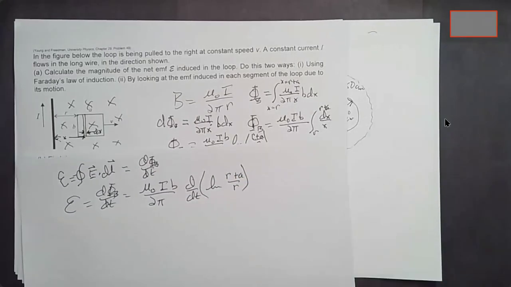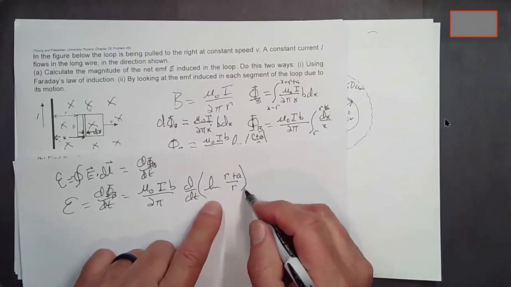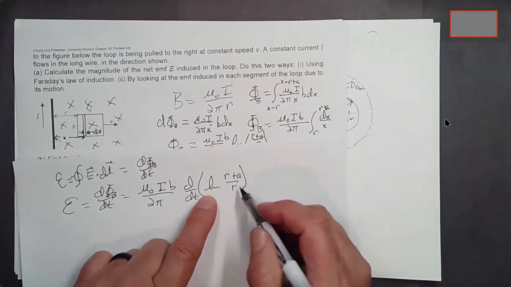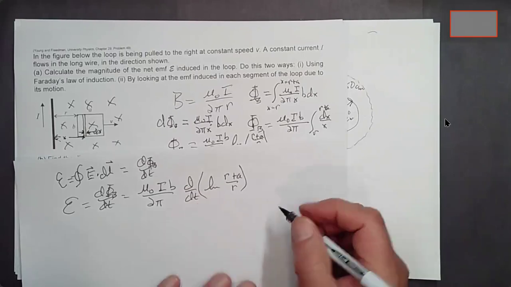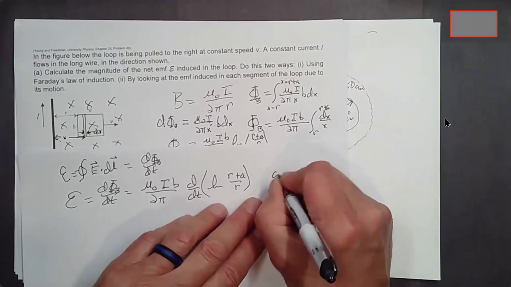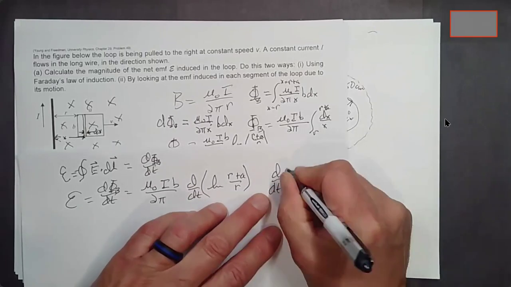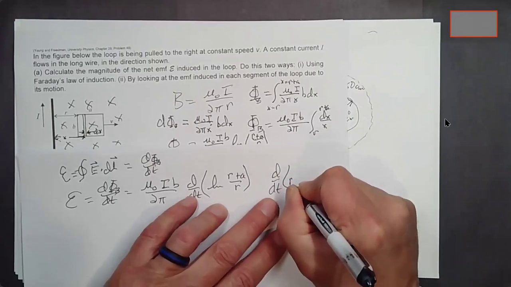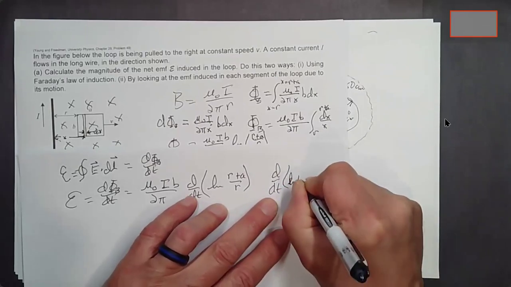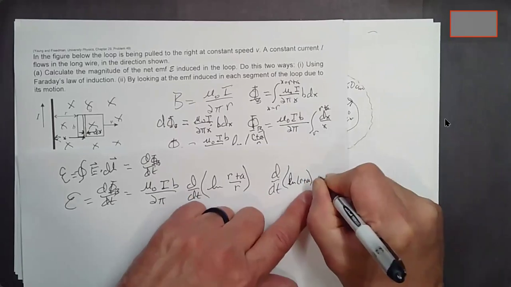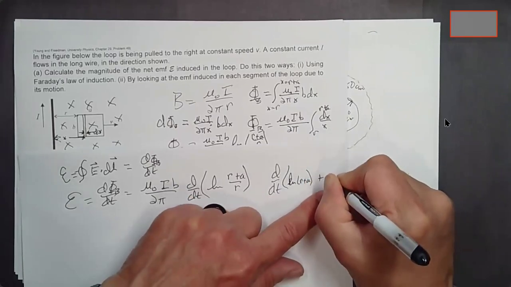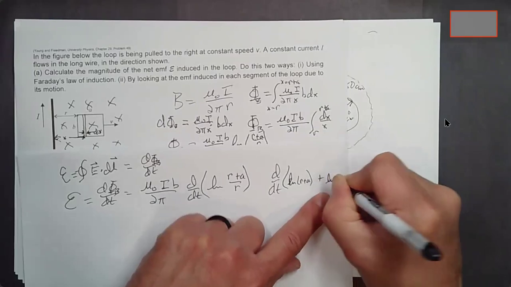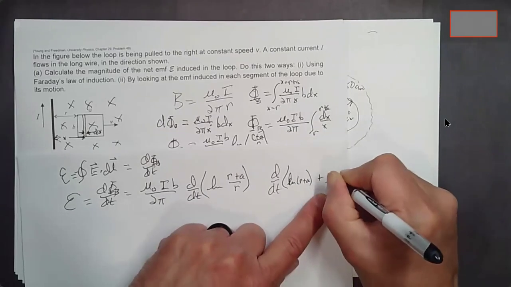And so seems to me the derivative of a natural log is 1 over whatever's inside. But in order to do this, I'm going to split this back apart. I'm going to think of this as d by dt of the natural log of (r plus a) minus the natural log of r.